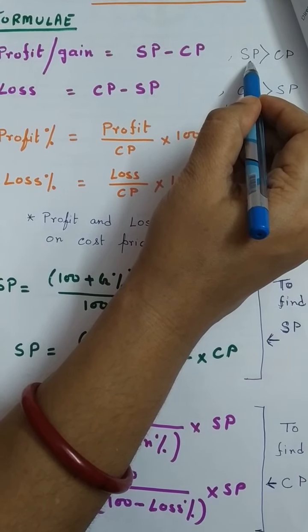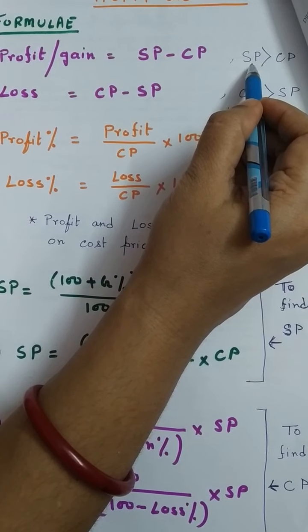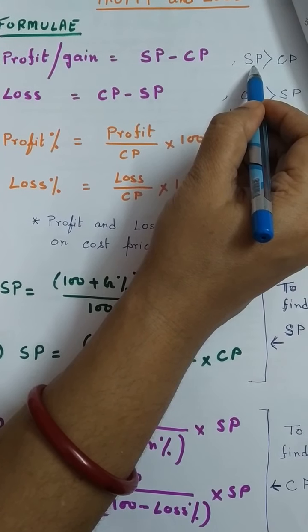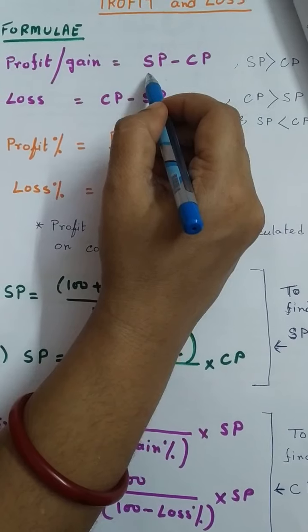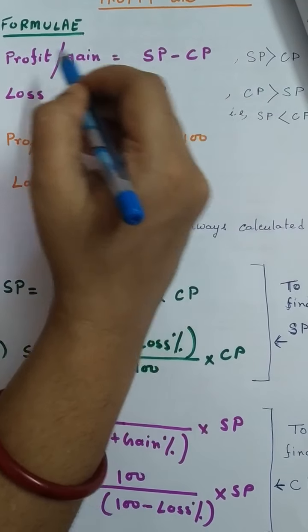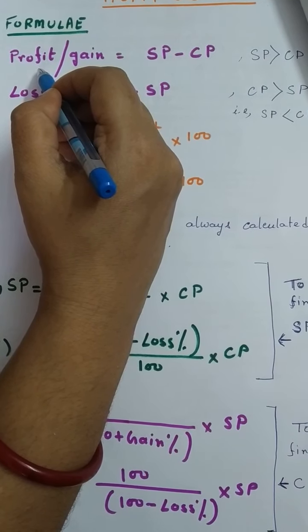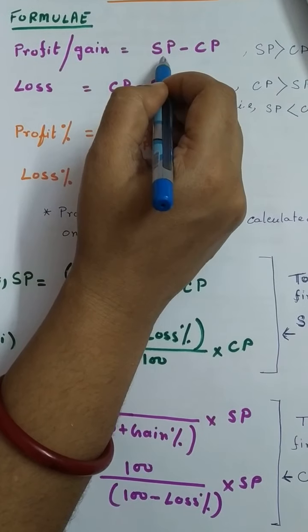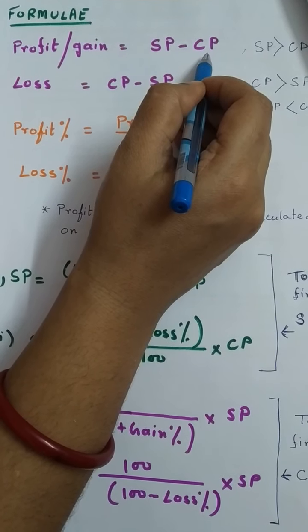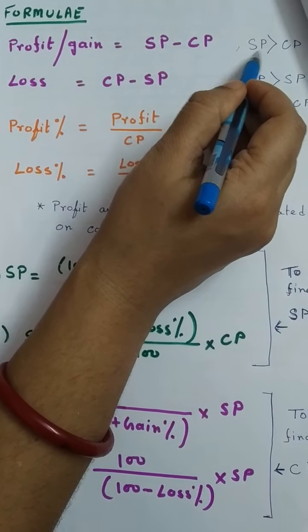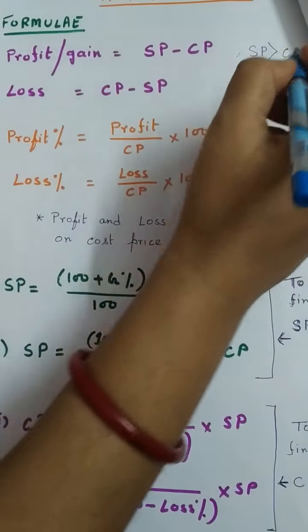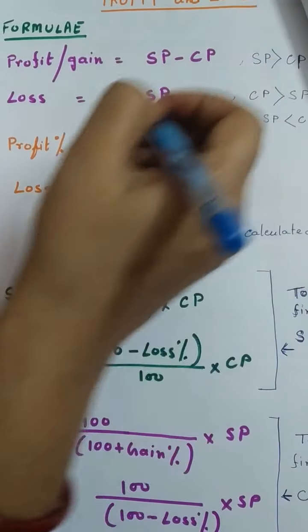So in that case, we can say that there is a profit, and the profit amount is equal to selling price minus cost price. The other term for profit is gain, that is equal to selling price minus cost price if selling price is greater than cost price.